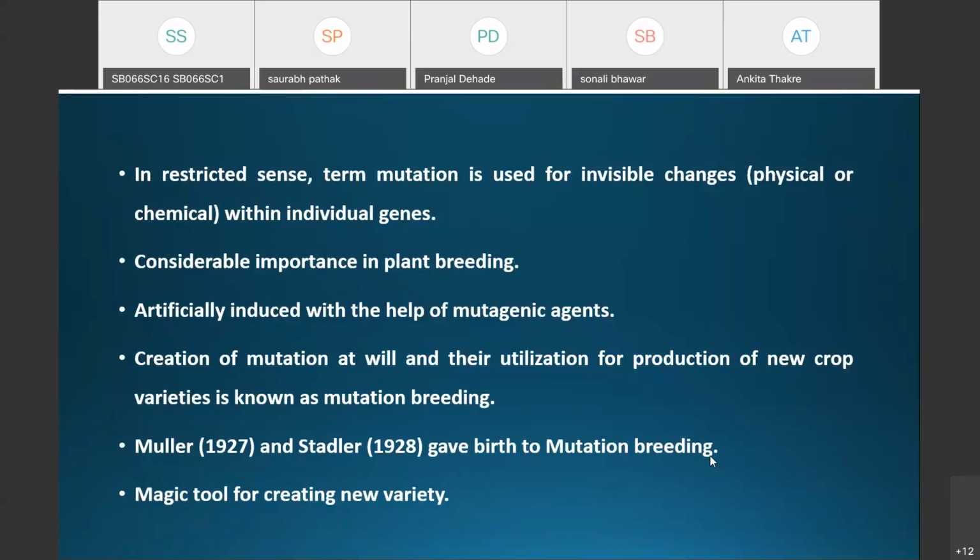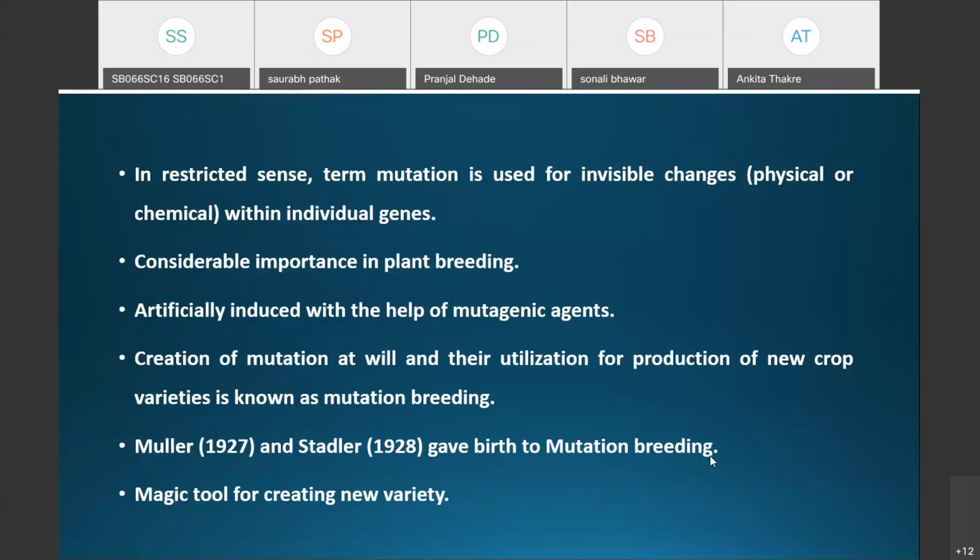When we compare this method with the other conventional methods like plant introduction and acclimatization, then selection, and then hybridization, this method is of recent origin. It is a modern method of plant breeding.